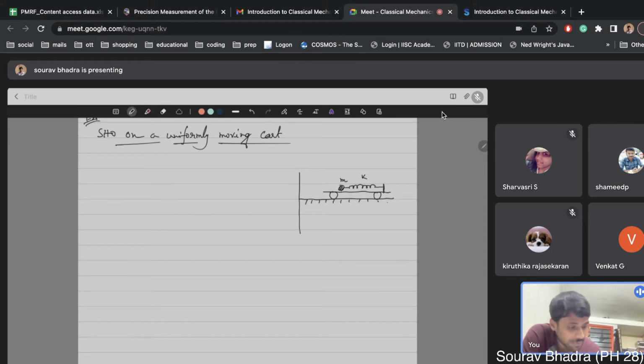Now suppose that this cart is moving with the velocity v0, that is the uniform velocity. Okay, and this point, this O is the origin. Now suppose this O is the origin at t equals 0, and suppose at t equals 0 this is the system. I have to draw another figure.